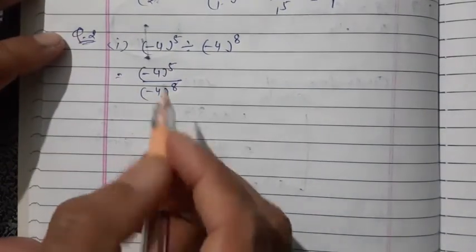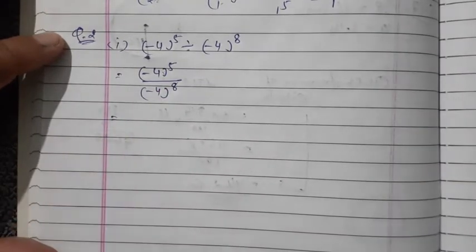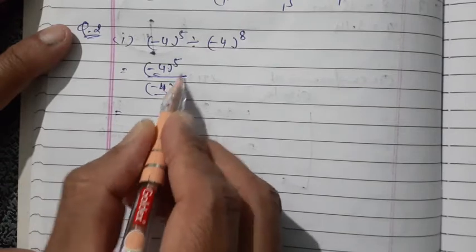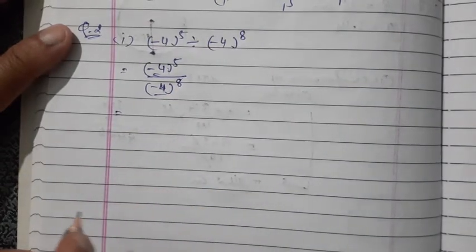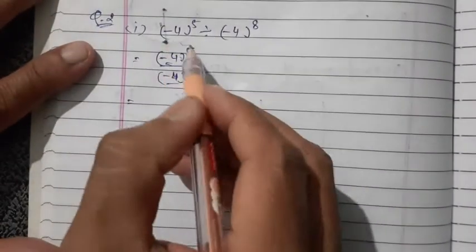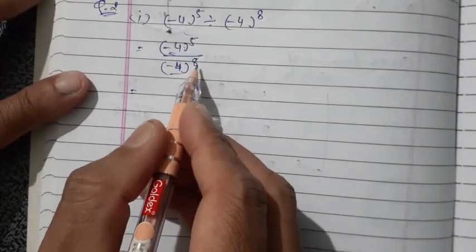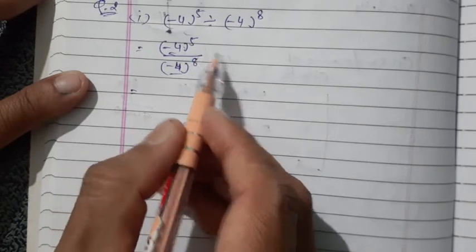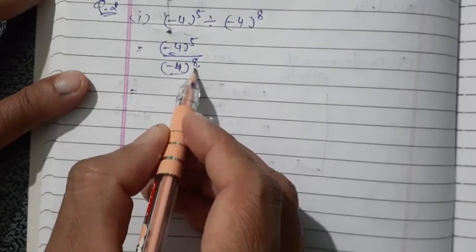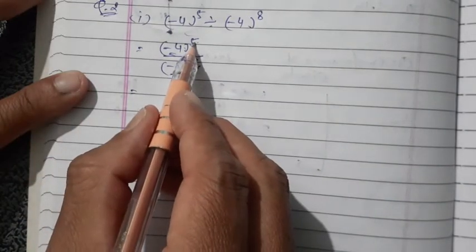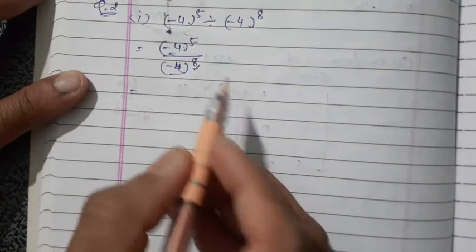Okay, now division is there, means if same base is there, that time what to do? Just write down difference of power. Okay, then how to find out difference of that one? So greater minus smaller, means where is the smaller number? At denominator side, that is 8. So take 5 to the denominator side.